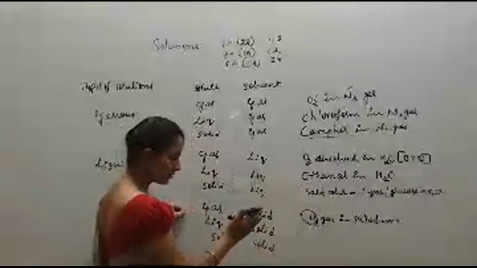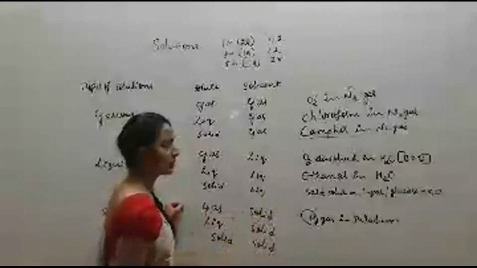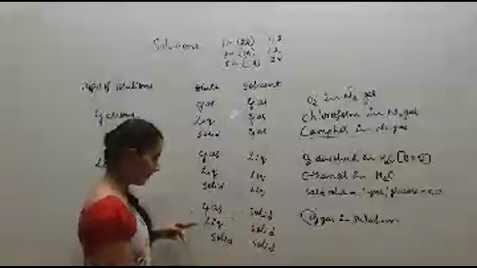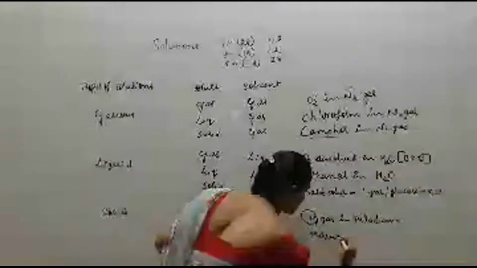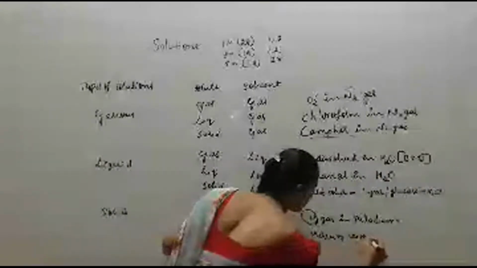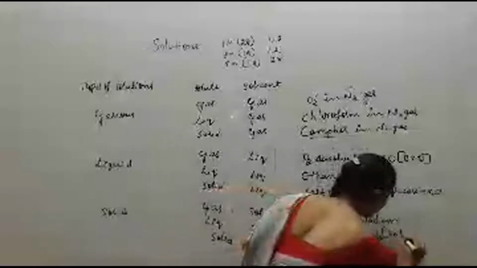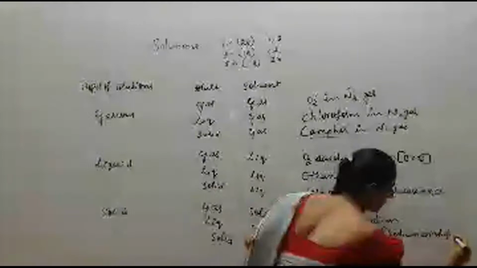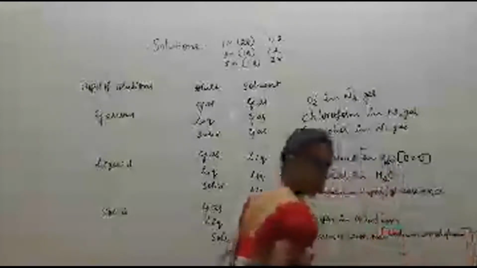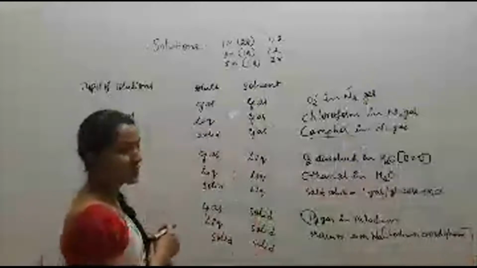So a gaseous solute dissolved in a solid substance, example is H2 gas in palladium. Next, liquid solid: mercury with sodium, called sodium amalgam. Mercury with sodium results in sodium amalgam.